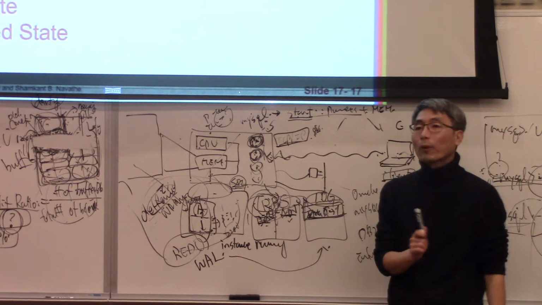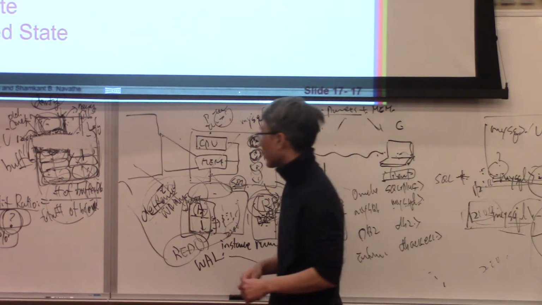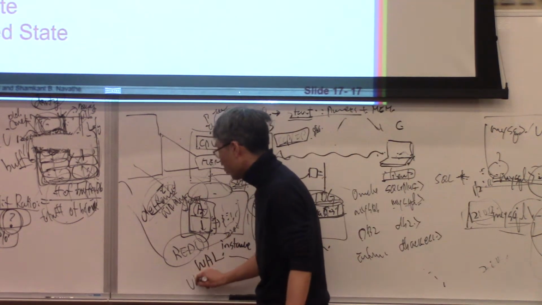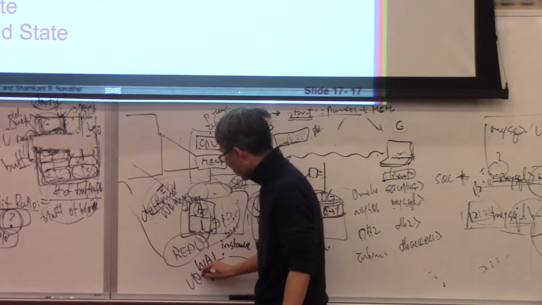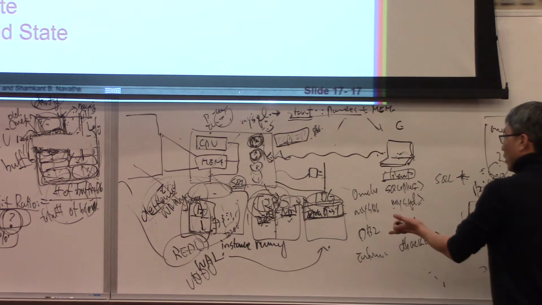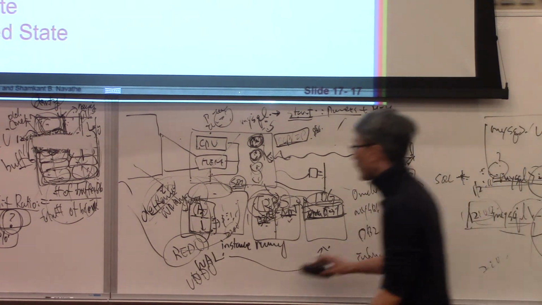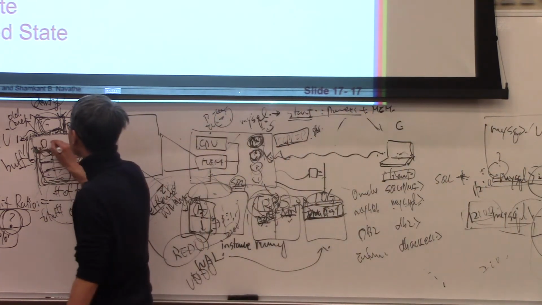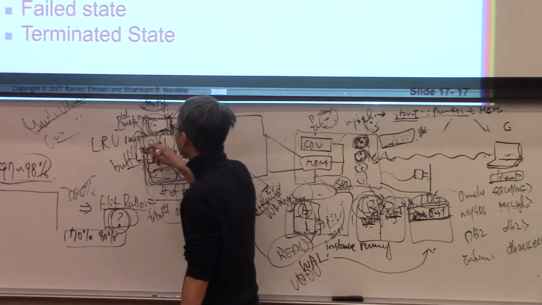There's another operation for recovery, which is the undo. Undo means the opposite, but the concept is slightly different. For example, here we update 0 to 1, so there is an old image and a new image.